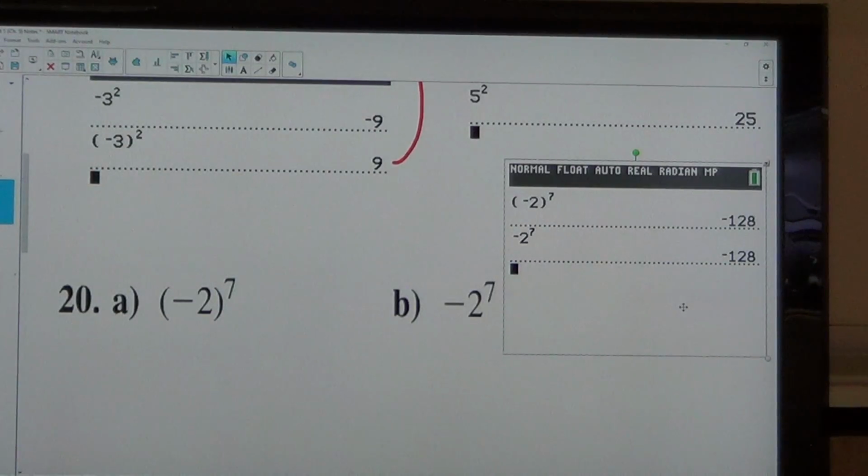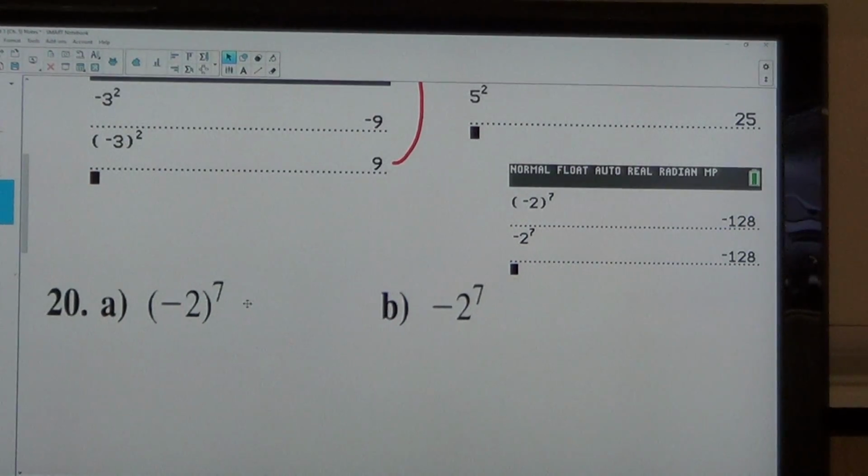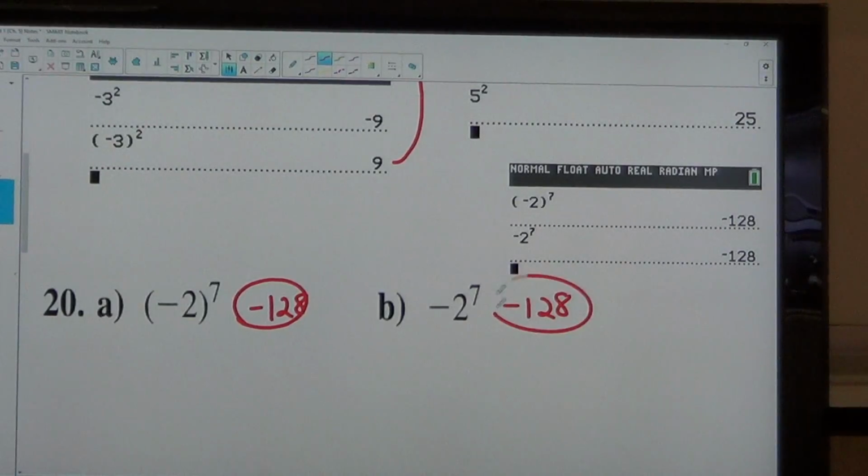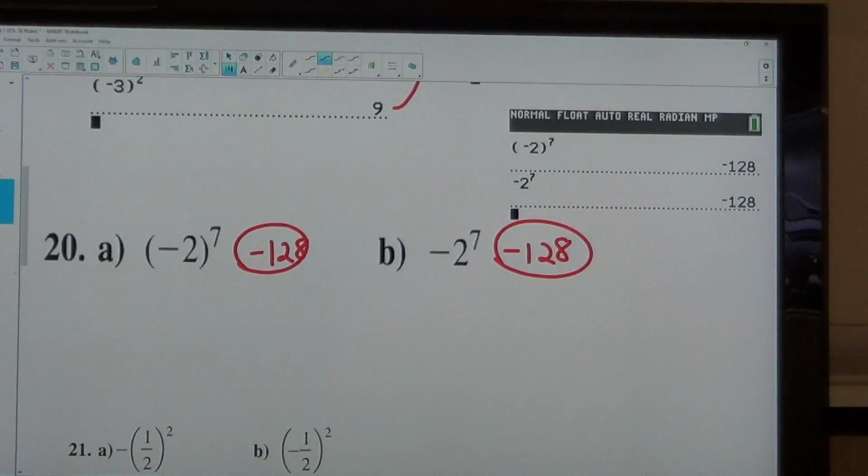Wrong sign means it's wrong. There's a big difference between making a deposit and making a withdrawal. The answer to both of these is going to be -128. And remember, they will give you a calculator. You will never go without a calculator in this class.